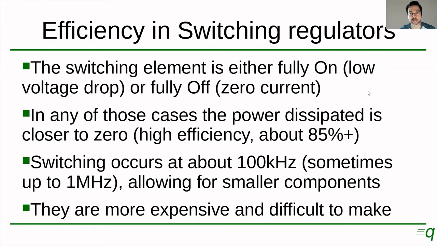Another interesting thing about these switching regulators is that the switching occurs at a very high frequency, about 100 kilohertz, and sometimes up to 1 megahertz. So if you recall from the class on rectifiers and filters, when we switched from the half-wave rectifier to the full-wave rectifier, the full-wave rectifier had double the frequency, right?